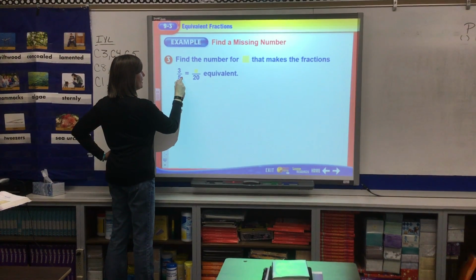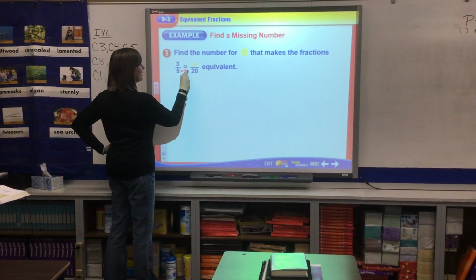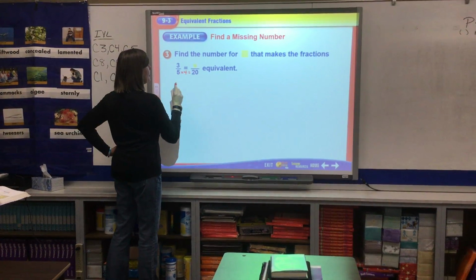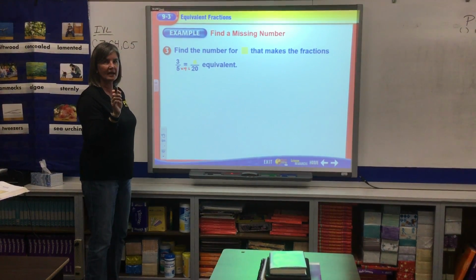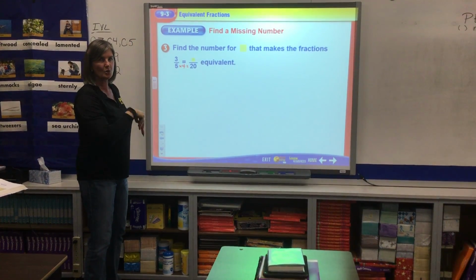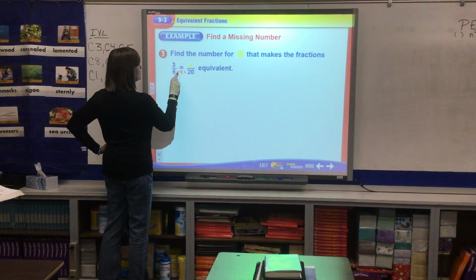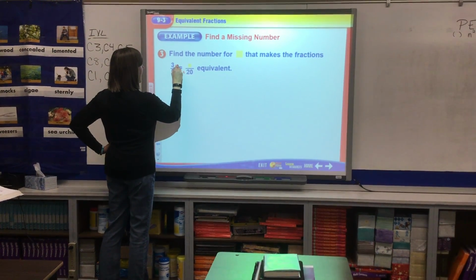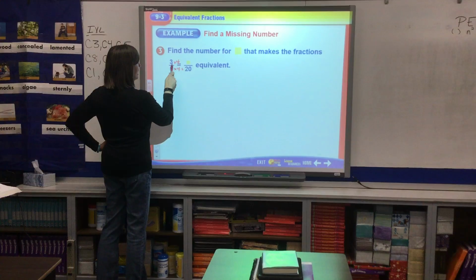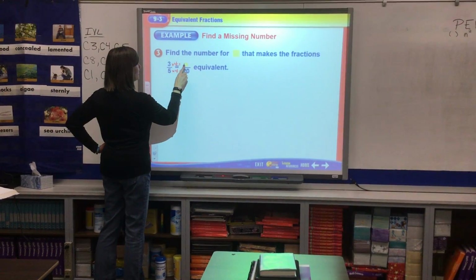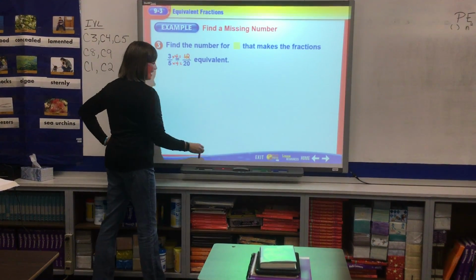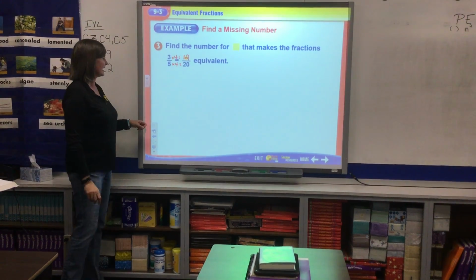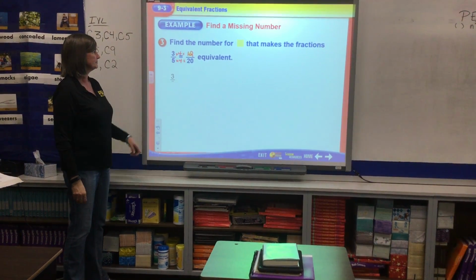Well, I know that 5 times 4 equals 20, and then we go back to that same rule from today. Whatever you do to the bottom number, you have to do to the top number. So since we multiplied this by 4, I have to multiply that by 4, and 3 times 4, we know, is 12. That means the missing number in this case is 12.